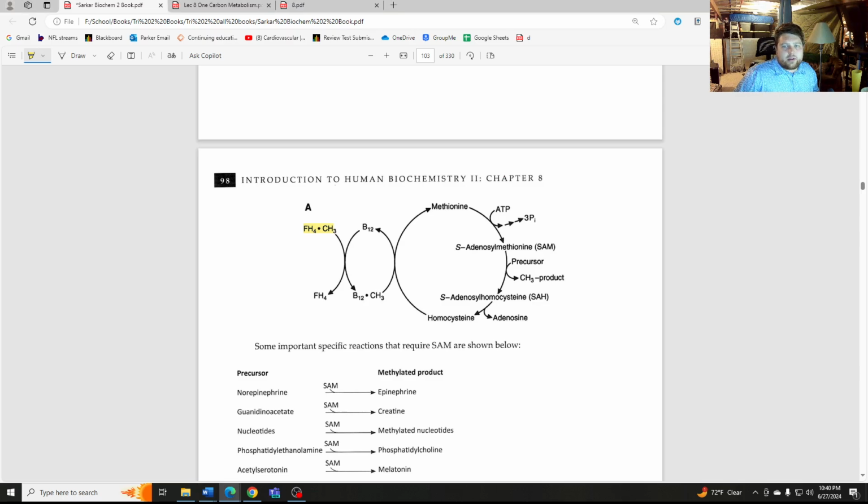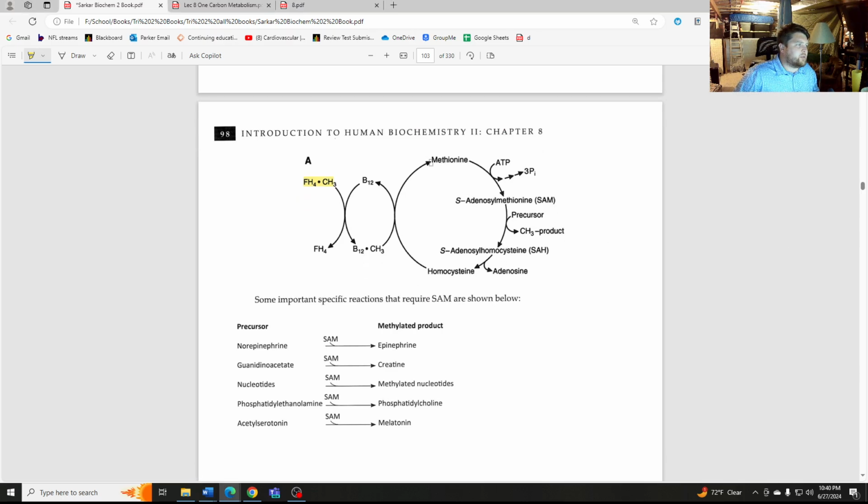And so why is that important? Essentially we're passing that single carbon group to each of these in order for them to do the job that they have to do. If we need B12 cobalamin to interact with specific things and perform specific interactions, we give that one carbon unit.